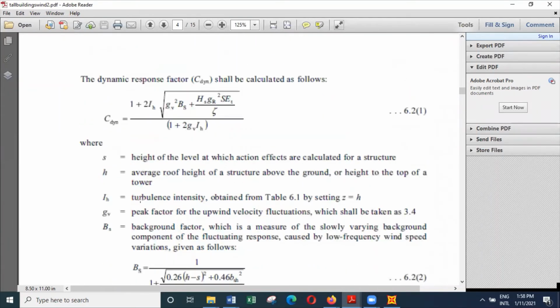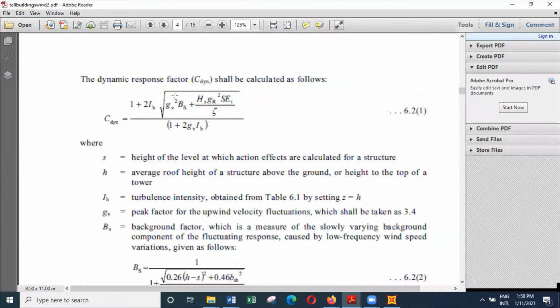If you look at this equation, you can see it has two components. One is this BS component, the other one is the SE component. Basically, when you have a tall building, it can respond to wind in two different ways. First one is, it will be a rigid body where the wind will come and hit the building, and that will give a static effect.